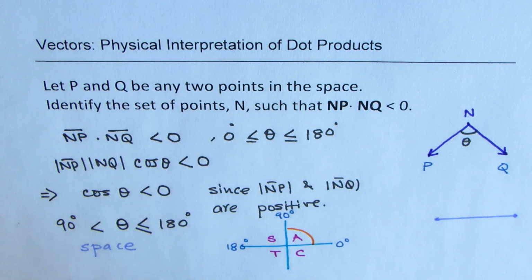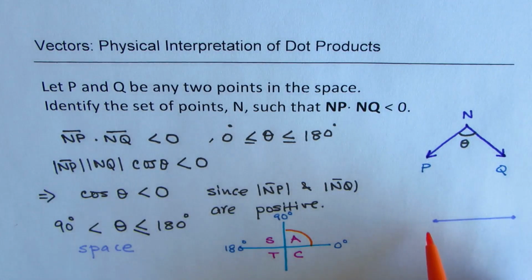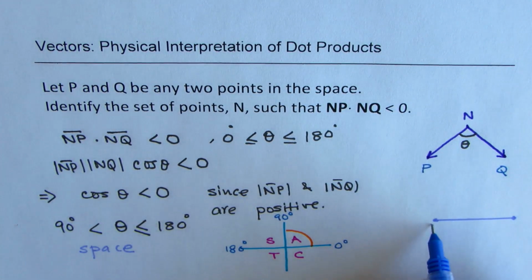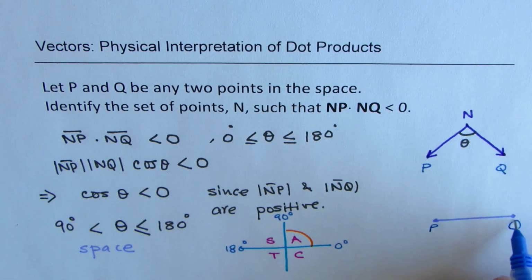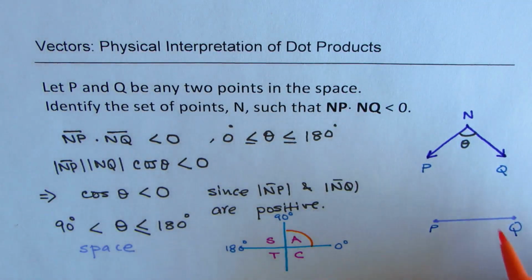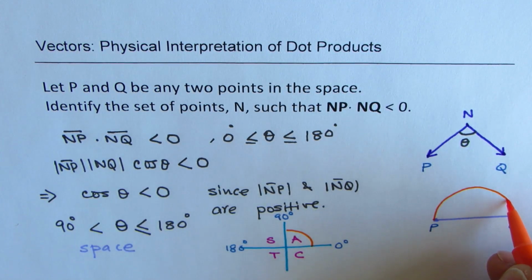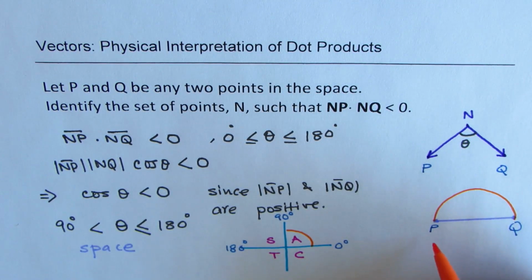Let's say these are my 2 points P and Q, and they are part of a circle. Let me only sketch the semicircle.